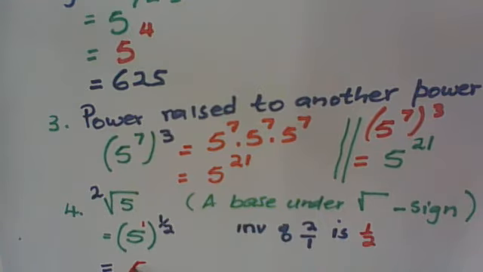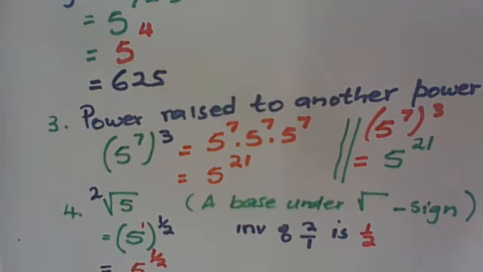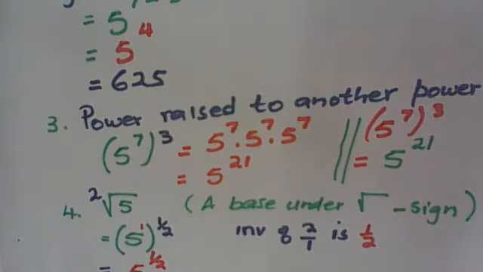Then this is equal to 5 to the power half. Therefore, this is our conclusion: the square root of 5 is the same as 5 to the power half.